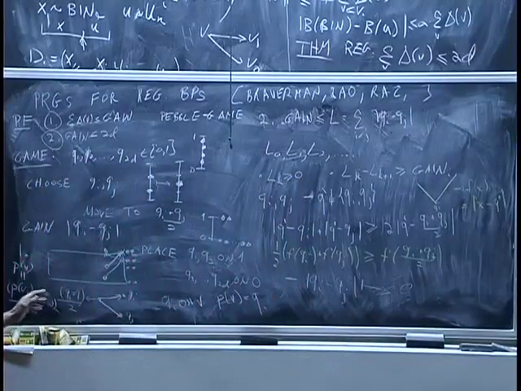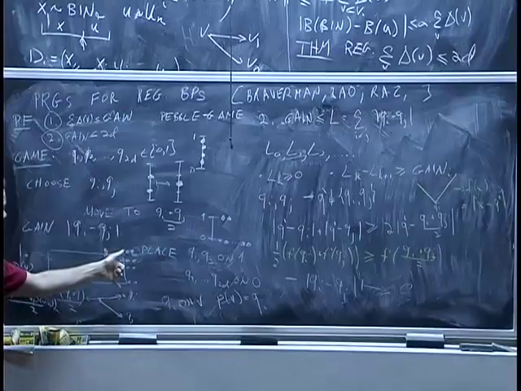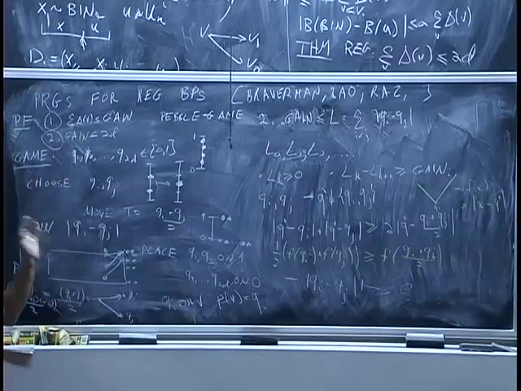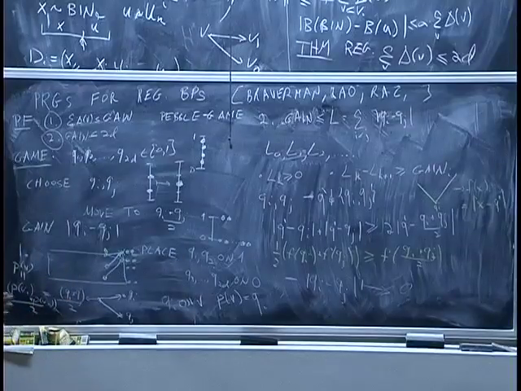Okay, so we played this game to bound this quantity, and then we saw that the gain in any such game is at most d. So it's sort of clear. Why is the gain d, not d squared?